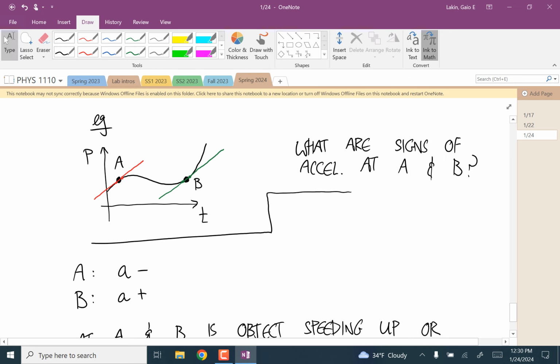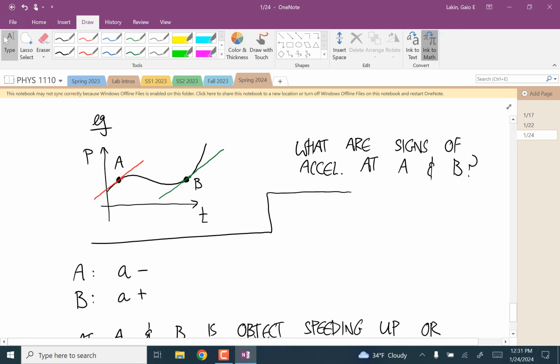Okay, so what's going on here? This object starts out moving in the positive direction. It slows down until it stops. Then it starts speeding up, now in the negative direction because the slopes are negative. Then it slows down again until it stops, and then it starts speeding up again in the positive direction.